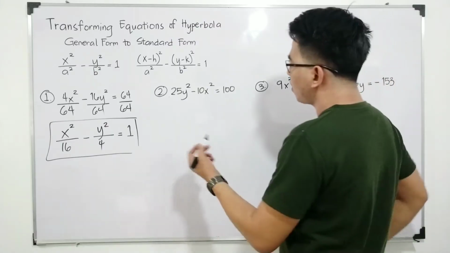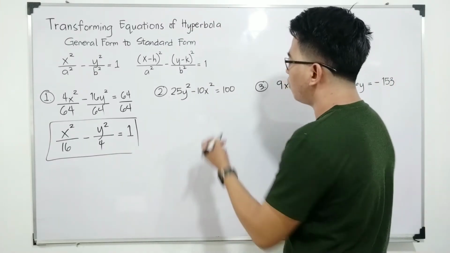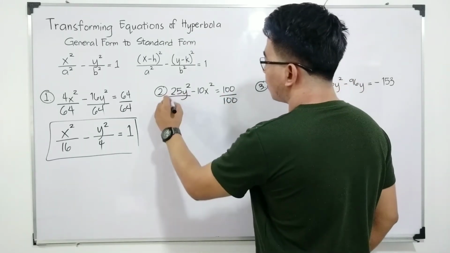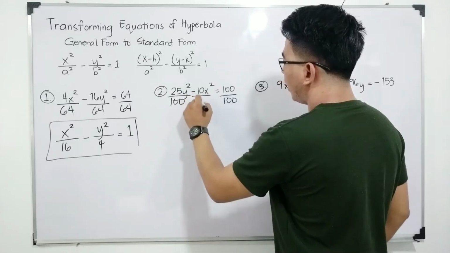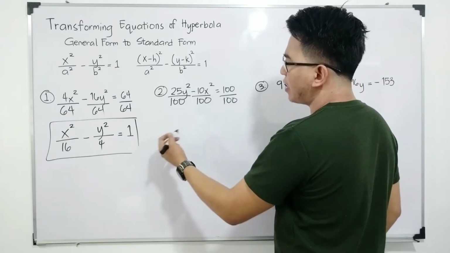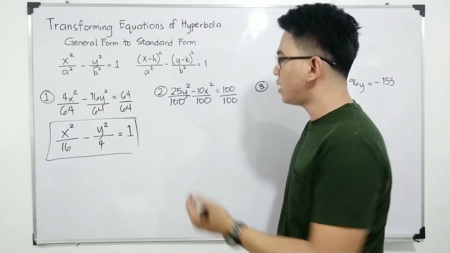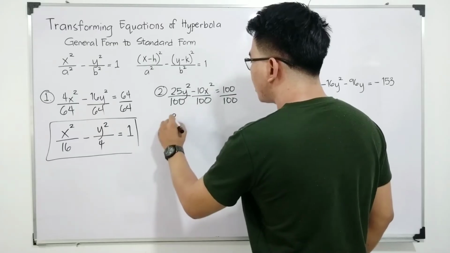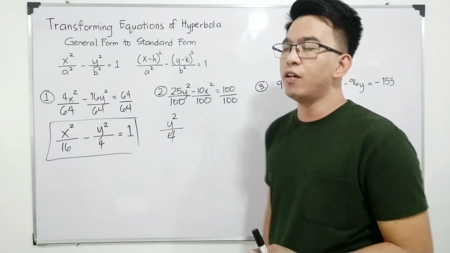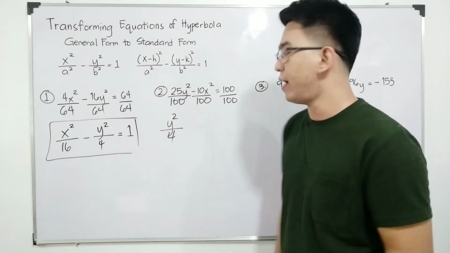For item number 2, to change this into standard form, all you need to do is divide this by 100 as well as the other terms. Okay, and then simplify. Our 25y squared over 100 can be simplified as 1/4 y squared, or simply y squared over 4, because 25 goes into 100 four times and 25 goes into 25 once.